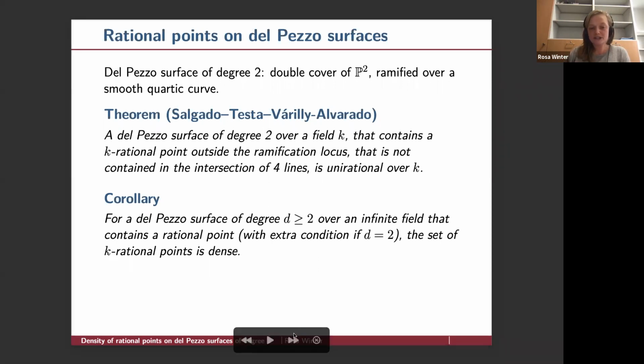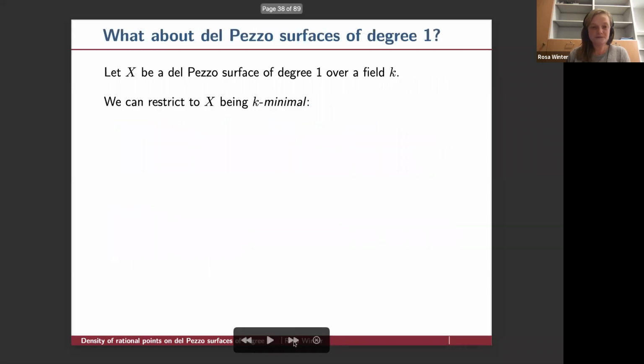Okay, and this brings us to the Del Pezzo surfaces of degree 1. So what about the density of rational points, or the unirationality of Del Pezzo surfaces of degree 1? Well, first we can restrict to the surface being k-minimal.